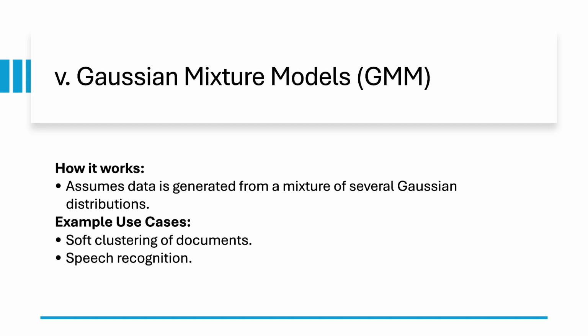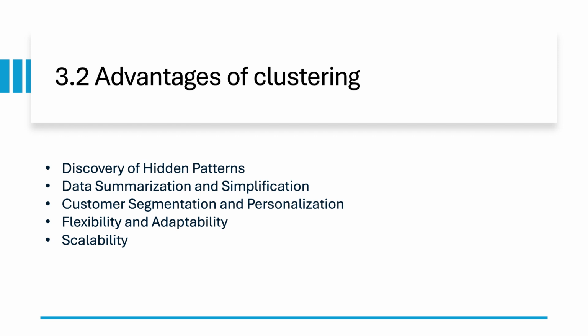Then we have the Gaussian mixture models. This works by assuming that data is generated from a mixture of several Gaussian distributions. Example use cases include soft clustering of documents and speech recognition. There are a number of advantages of clustering, and these are discovery of hidden patterns, data summarization and simplification, customer segmentation and personalization, flexibility and adaptability, and it is also scalable.